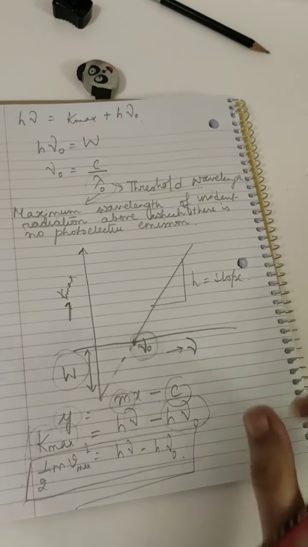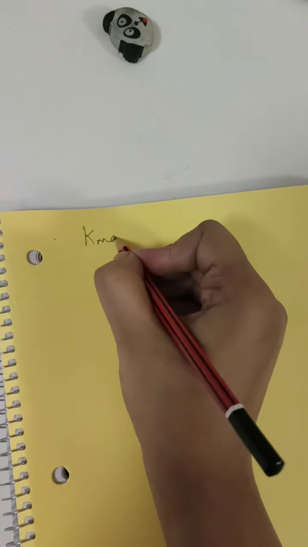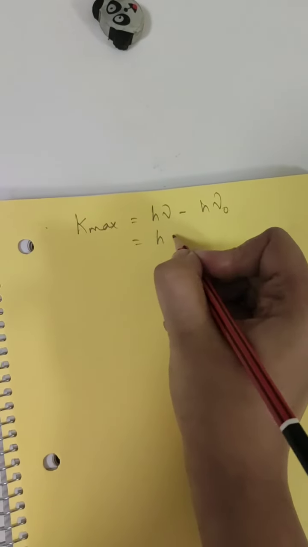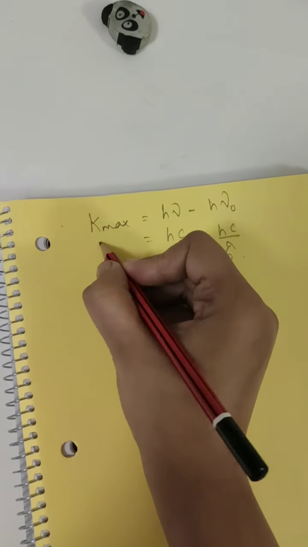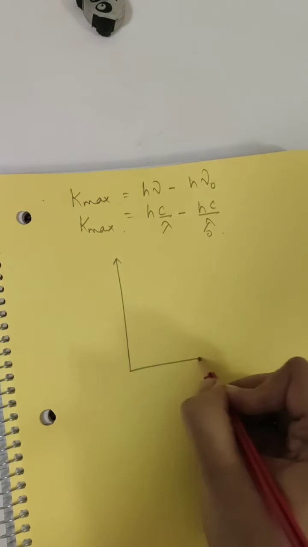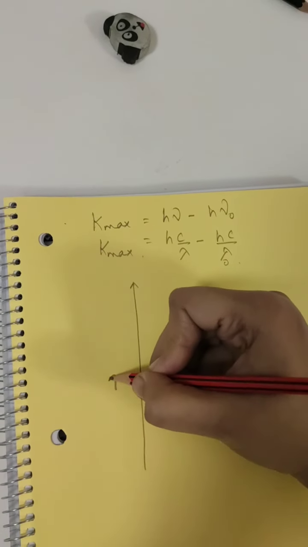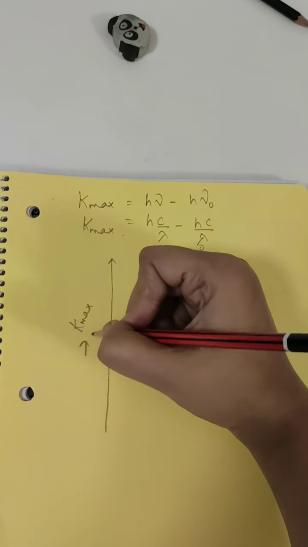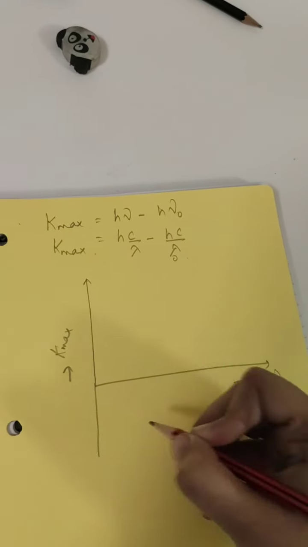Now if you have to plot K max is equal to h nu minus h nu naught, I can also write it as hc by lambda minus hc by lambda naught. And if I have to plot K max against 1 by lambda, this is K max, the maximum kinetic energy with which the electrons are coming out of the metal surface, and this is 1 by lambda.